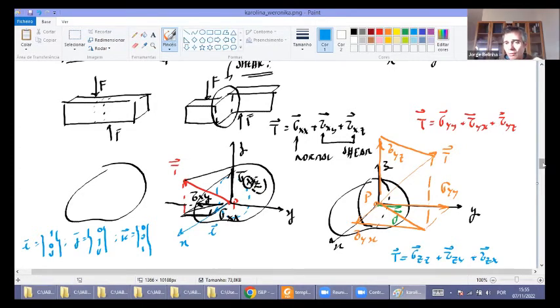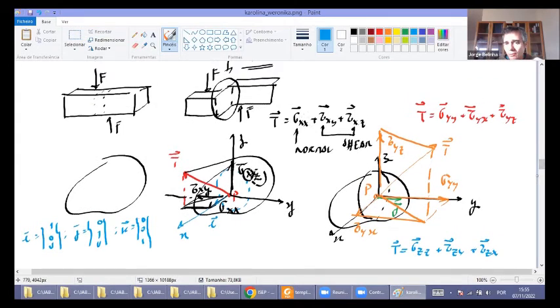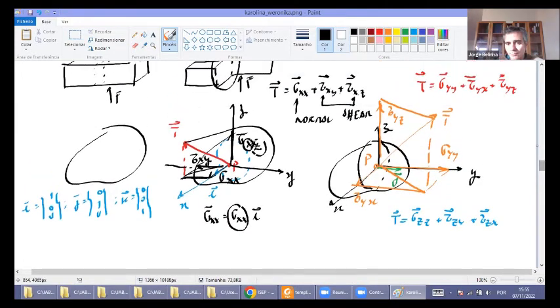Okay. You can organize their magnitude because you know that, for example, the sigma xx vector is equal to the magnitude multiplied by i. So all of them have a magnitude. For example, here, tau xy is equal to tau xy magnitude multiplied by j, and tau xz is the magnitude multiplied by k.